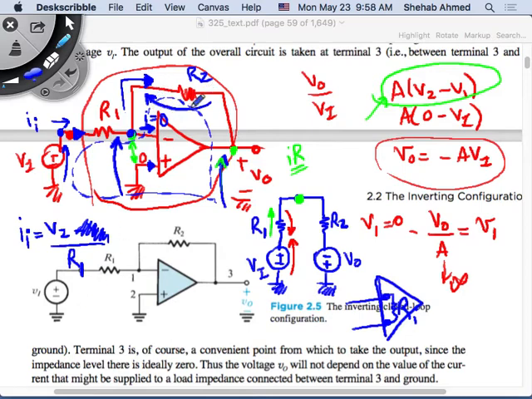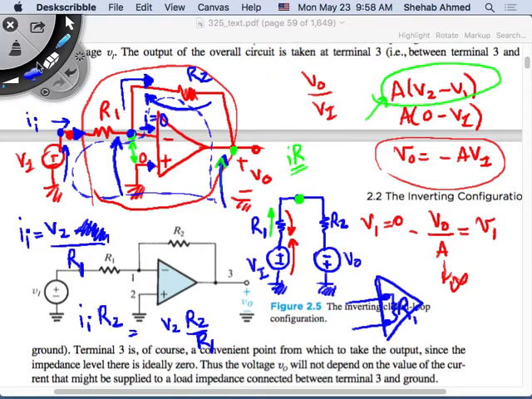How about the voltage drop across R2? The voltage drop across R2 is equal to II times R2. So it's equal to VI R2 over R1, right? We said that, V output now. What is V output? V output is this voltage here.